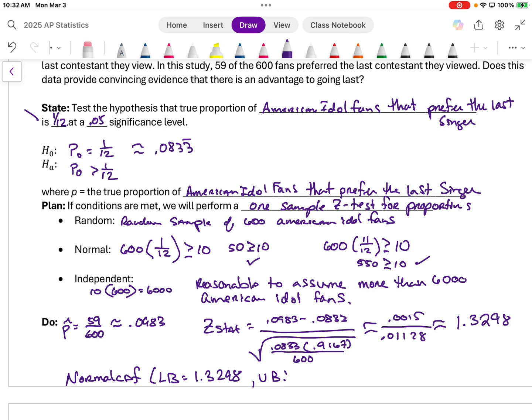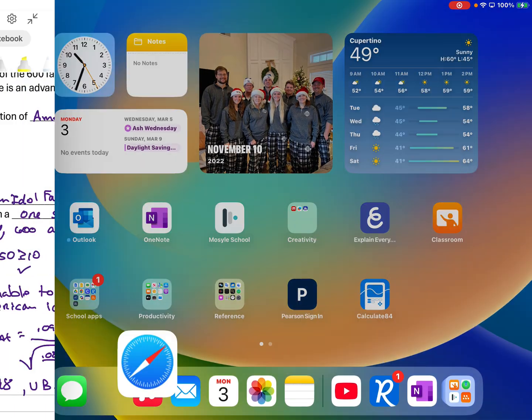I always have you put 1 million, but you can cap it at 10 if you want. It is standardized, so our mean is 0 and our standard deviation is 1. That's why we use the normal CDF in this topic. Now let's grab the calculator and see what it says.